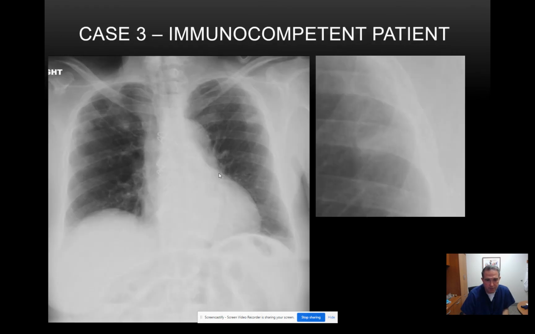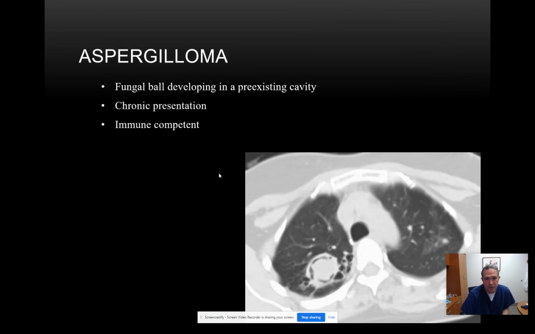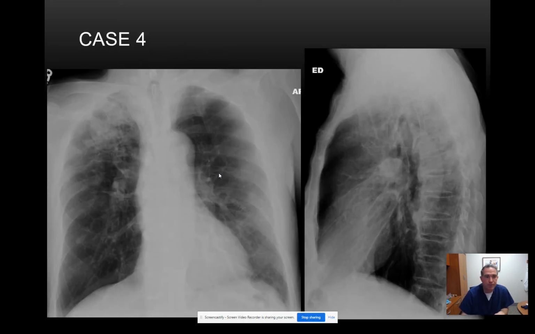Very different appearance. This is just an aspergilloma, so not related to tuberculosis, but I just wanted to show you the fungal ball, because a lot of times in a multiple choice testing type situation, fungal balls will come up in one of the choices. So you want to be able to radiographically distinguish those.